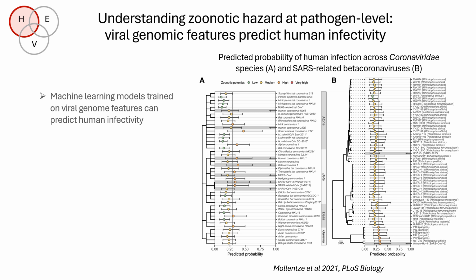And what this figure shows is an example of using those models to then predict the probability of human infection across, in the left-hand panel, a whole range of different coronavirus species, so species within the Coronaviridae family. And on the right here, across a whole range of SARS-related beta coronaviruses that have been detected in wildlife populations.